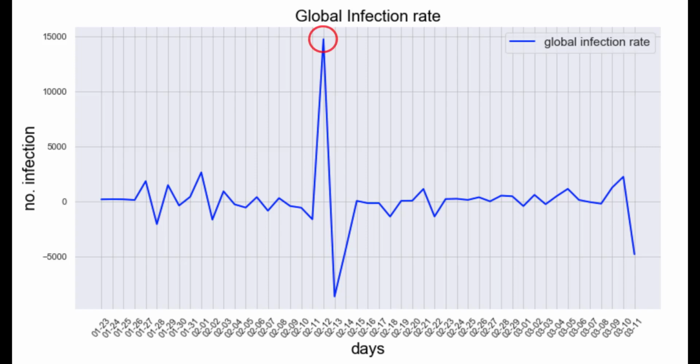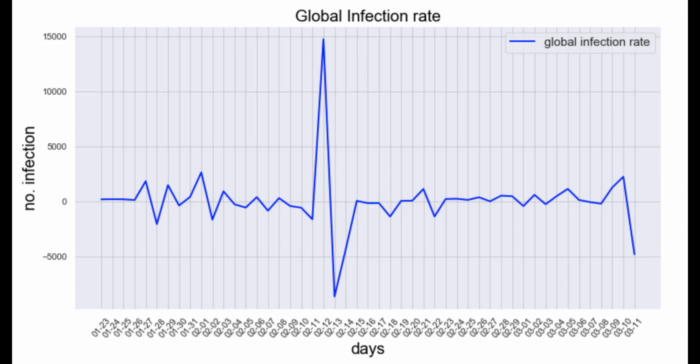Okay. But here, which is very surprising, in one day there were around 15,000 people who got infected in a single day. And the next day, you see there are more than 5,000 fewer people who got infected. So you mean based on the yesterday? Yeah, based on the yesterday.